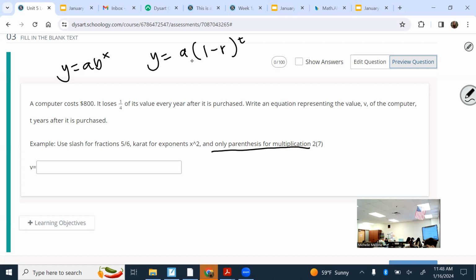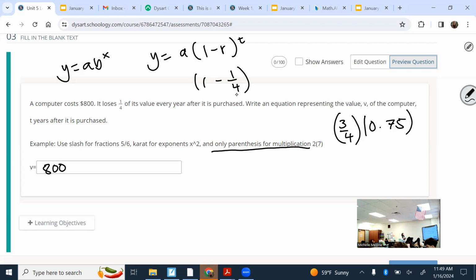Anyway, what's my A going to be in this one? 800, because that's my initial amount. 1 minus R, so what is the rate that it's losing? So what is 1 minus 1/4? You can tell me the fraction or the decimal. Okay, 0.75 or 3/4, same difference.